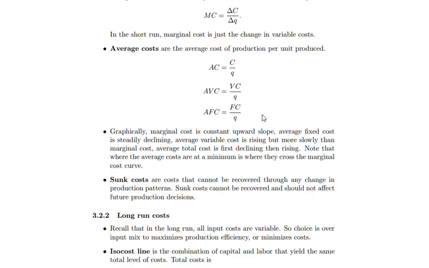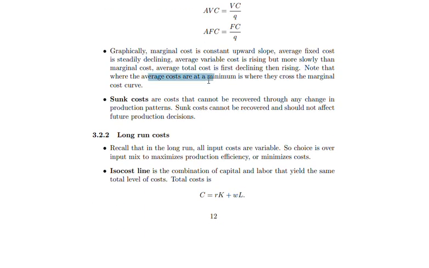Because in the beginning your fixed cost is very high, so the average cost is very high, but as you input more labor, you transfer your capital to labor more, and the marginal benefit of labor shrinks your marginal cost, so your total cost will decline.